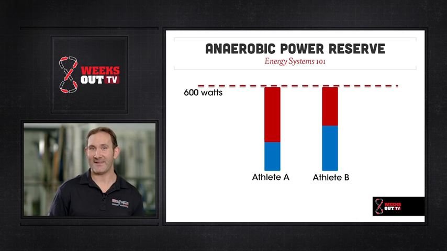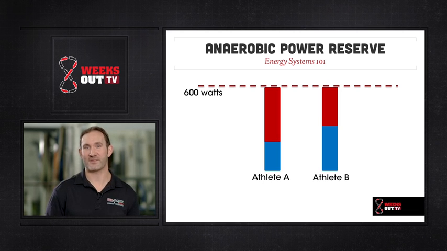In athlete A's case, they're having to produce much more of it anaerobically, so they're going to fatigue a lot faster. And that's really important to understand: whatever power output you're delivering, the higher the percentage of it that comes from anaerobic, the faster you fatigue. That's what the anaerobic power reserve and the research that was used to develop it show us.